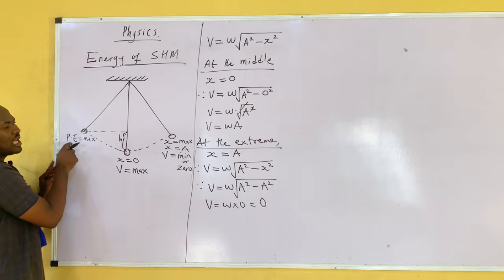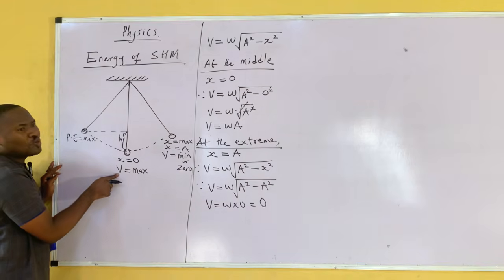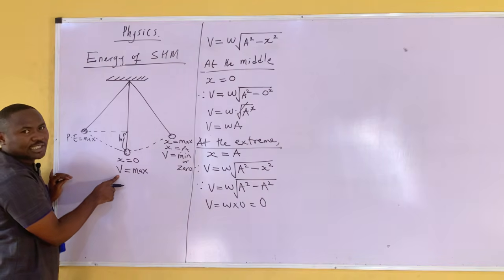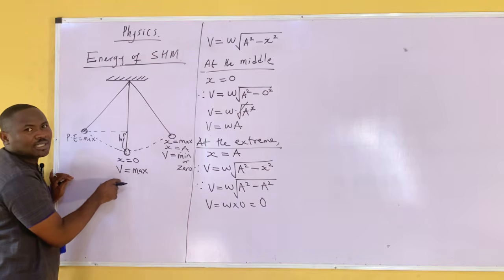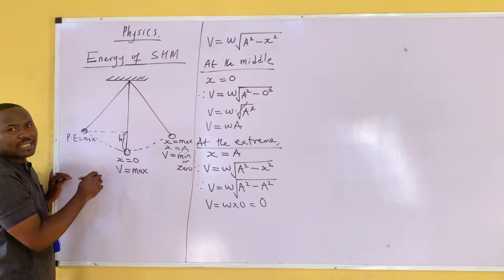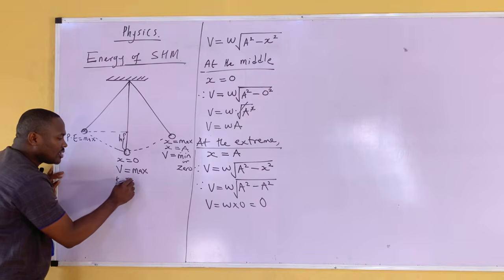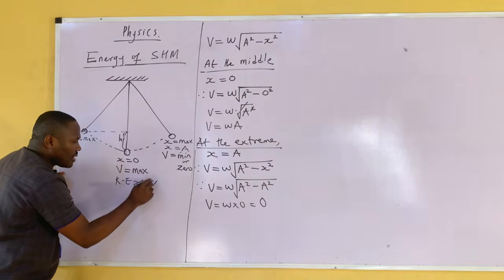Now, anywhere velocity is maximum, that's where kinetic energy is maximum. So at the middle, kinetic energy is also maximum.